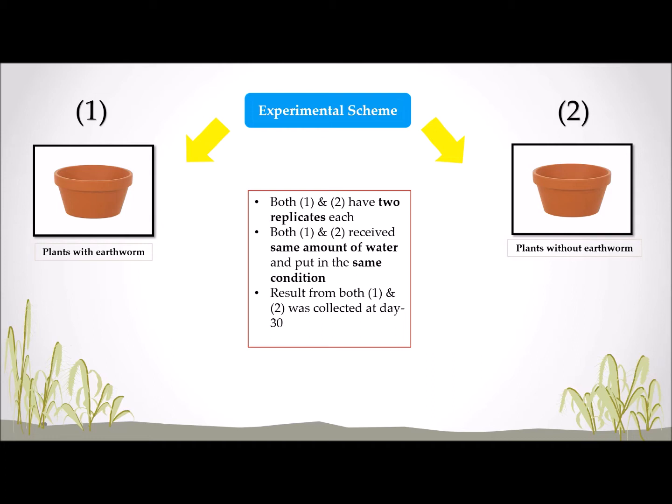Both 1 and 2 have 2 replicates each, so the total pot is 6. Both 1 and 2 receive the same amount of water and are put in the same condition. The result from both 1 and 2 was collected at day 30.